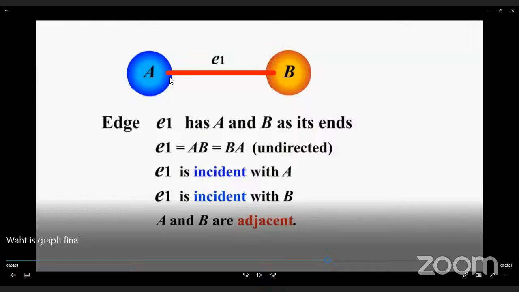So this is an edge, and these are vertices. If there is an edge connecting A and B, then we say they are adjacent. A is incident with the edge E1, and E1 is also incident with the vertex B.